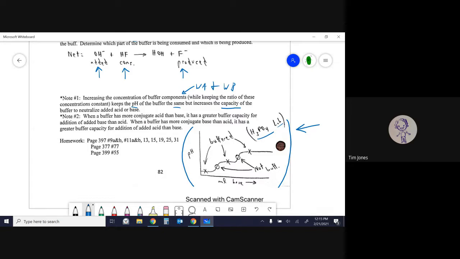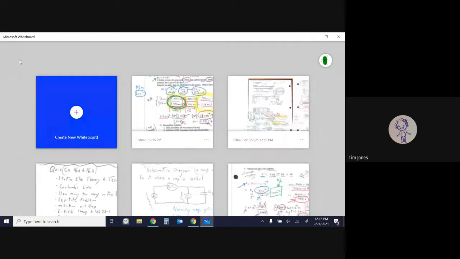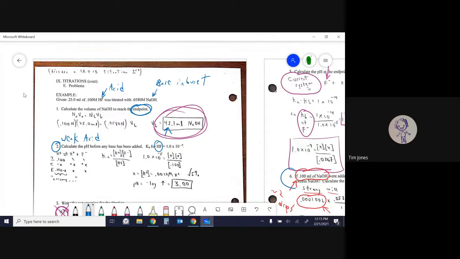But before I finish, I do want to go back to our last lesson and show you where we had a buffer and where we didn't have a buffer. Here's the last lesson on titrations. In step 2 here, this is not a buffer because we essentially have weak acid, HF, and pretty much only the tiniest amount of F minus that came off of it.